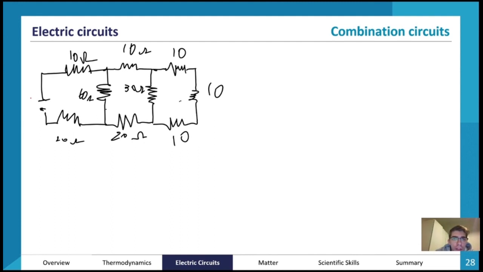What do we see here on the first square or the third square, depending where you're counting from? We always try and find things further away from the two terminals, right? You can see that the 10 ohm here, the 10 here, and the 10 here are basically connected in series to one another.